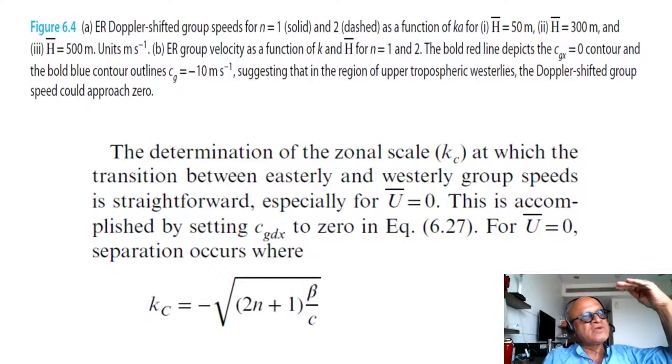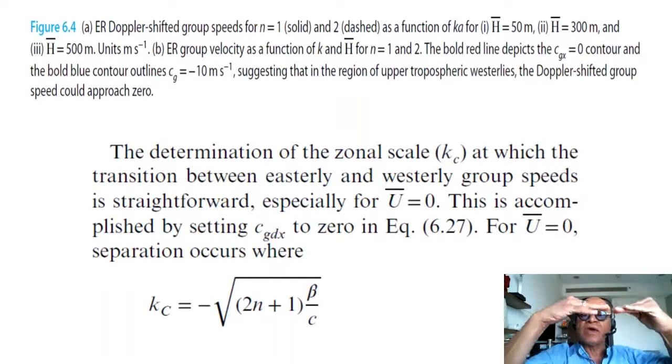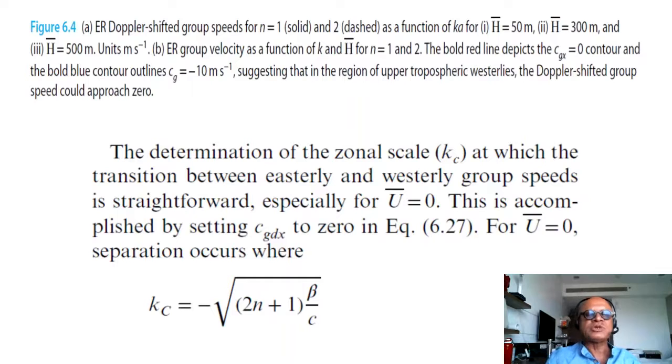So westerly winds are going eastward, westerly group velocity is going westward. So when they meet, you have an opportunity for Doppler shifted group speed to reach 0.